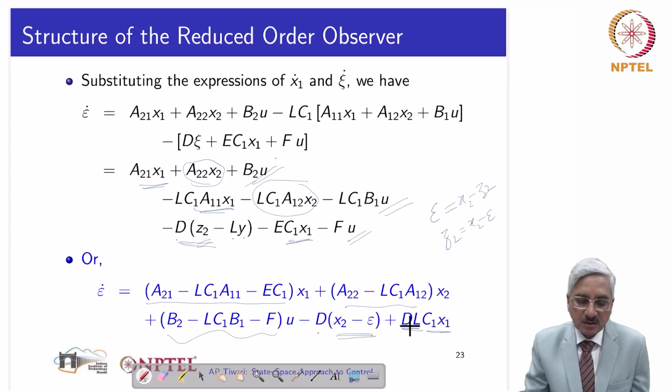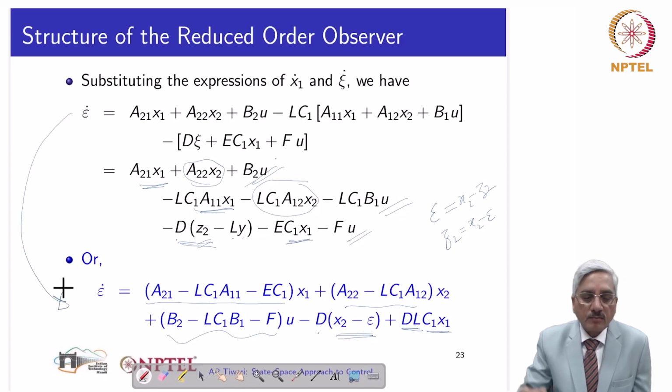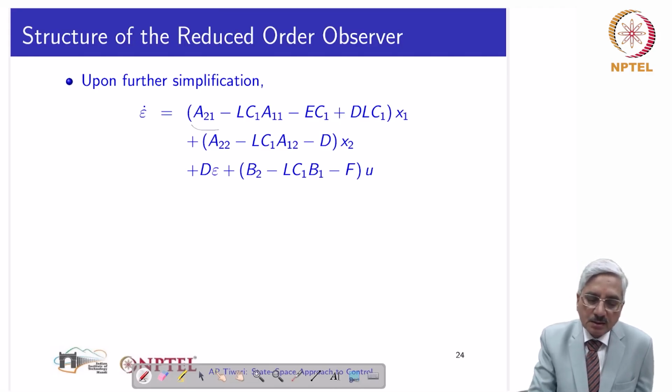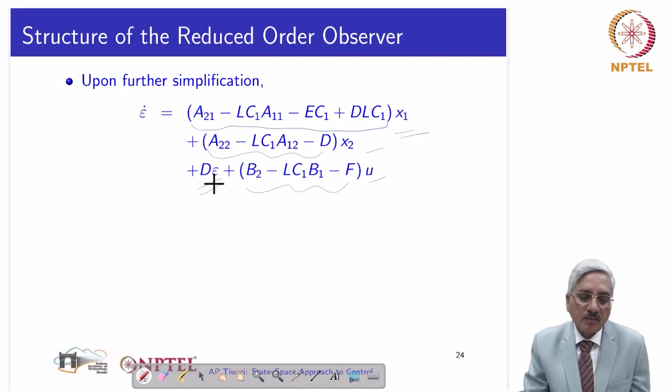So that substitution is done. So this equation becomes like this. And then we further collect the terms together and simplify. So we get xi dot as this whole thing multiplying x1, this whole thing multiplying x2, this multiplying u, and a term D times xi.